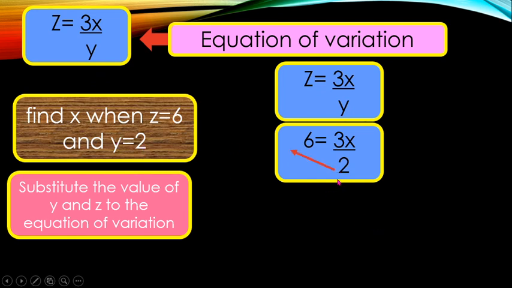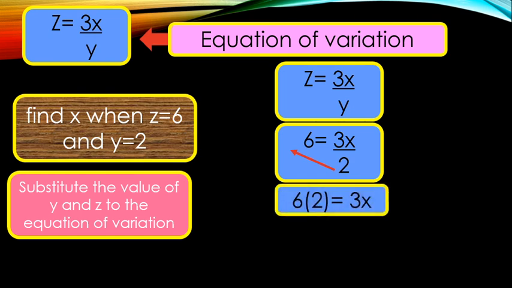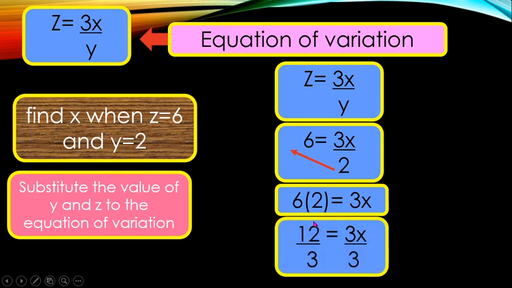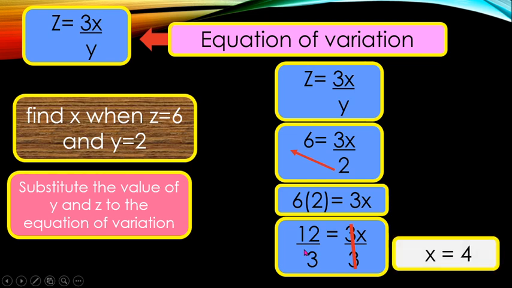Cross-multiply the 2 here because 3 cannot be divided by 2 exactly. Next, we have 6 times 2, that is 12. So we have 12 equals 3x. Then to eliminate 3 here, you have to divide both sides by 3. We can now cancel 3. Then divide 12 by 3. 12 divided by 3, that is 4.